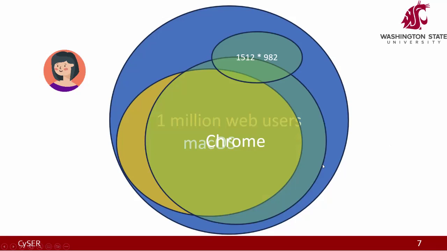Then we learn about her device screen resolution: the width is 1512 and the height is 982. Only a small number of users are using this screen. Again, we detect that Alice's device supports 218 fonts.